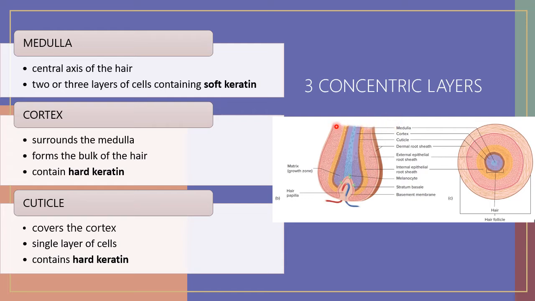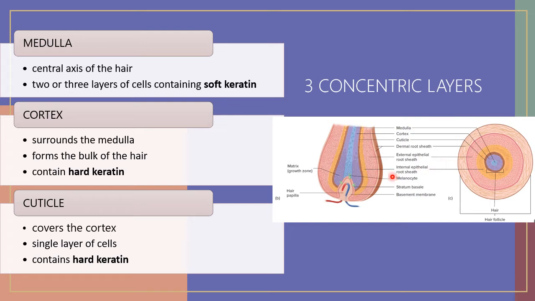If this is your root, if you cut it cross-sectionally, ganito ang itsura niya, makikita mo ang medulla central, no? Centrally. These are 2 or 3 layers of cells containing soft keratin. Okay? Itong light blue portion, this part here, that's your medulla. Now, you have your cortex surrounding your medulla, itong darker, parang blue-violet. Okay? Ito siya. And they form the bulk of the hair. Okay? They contain hard keratin.